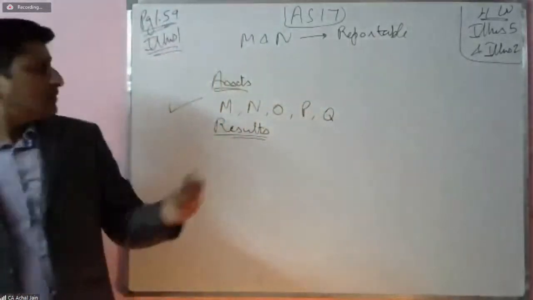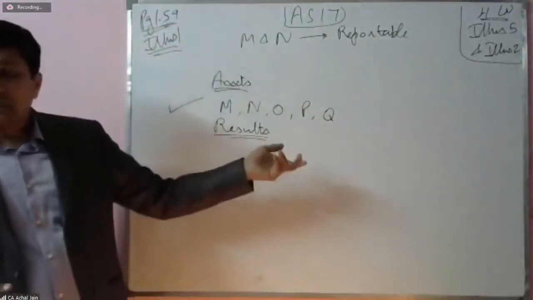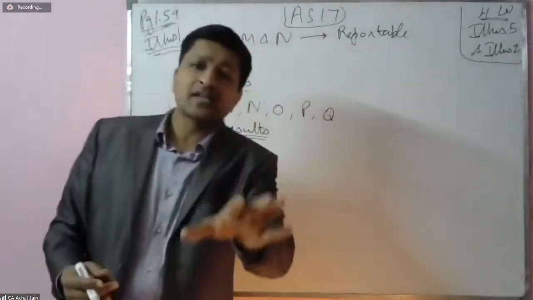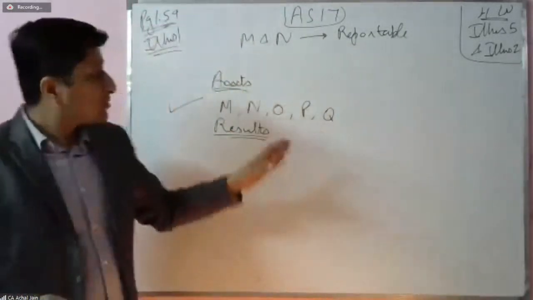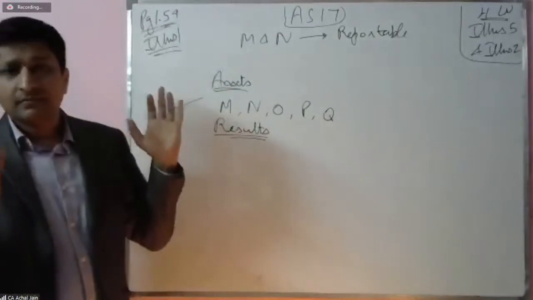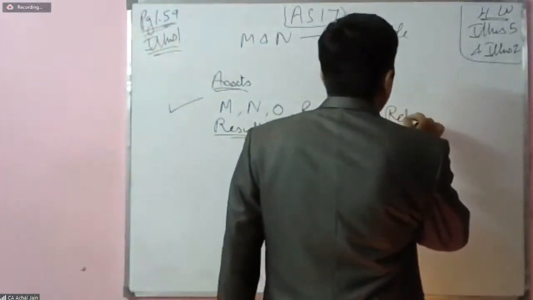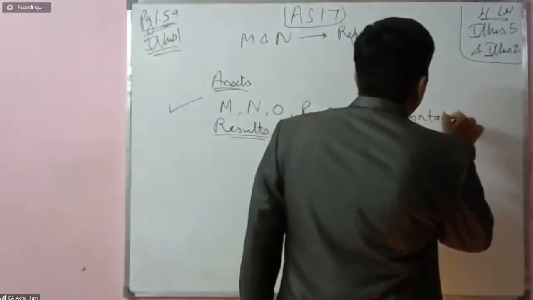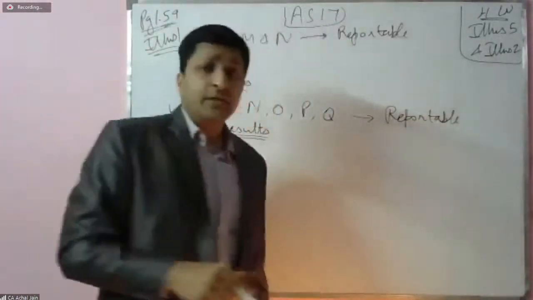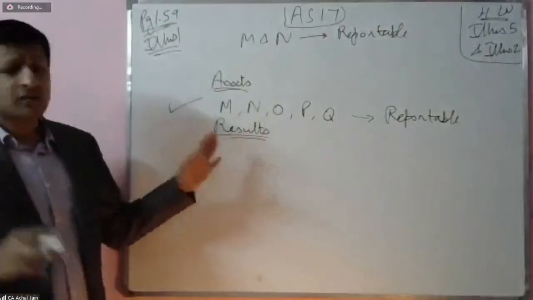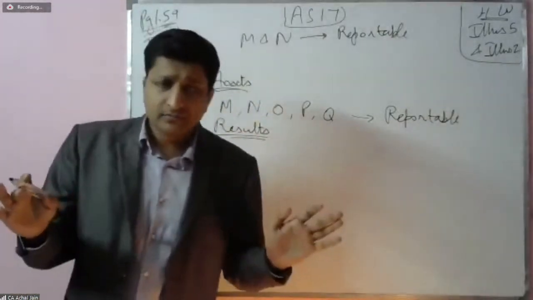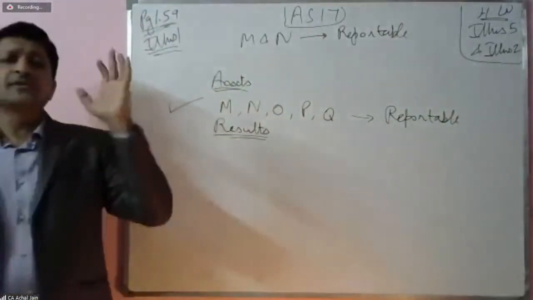Because we already know that these segments are meeting the criteria as per assets. So these are already selected. Yeah, they have passed the test. They have already become reportable. Now we only need to check segment R, because that's the only one which is left out.